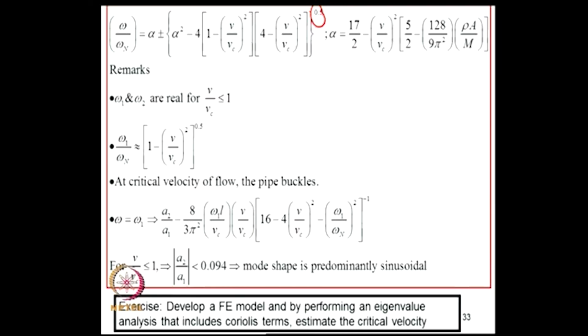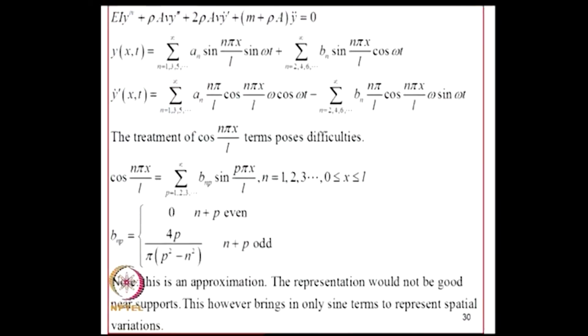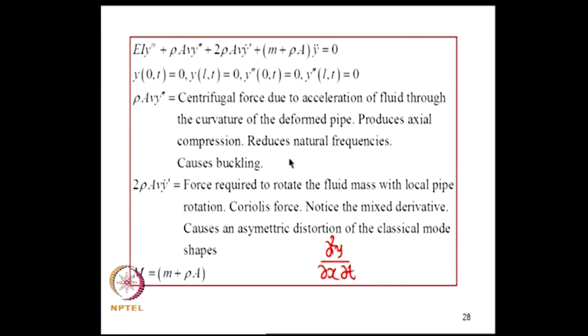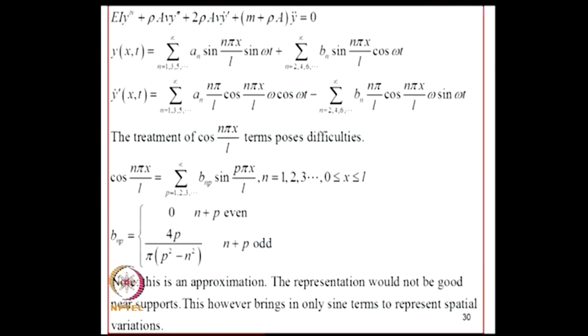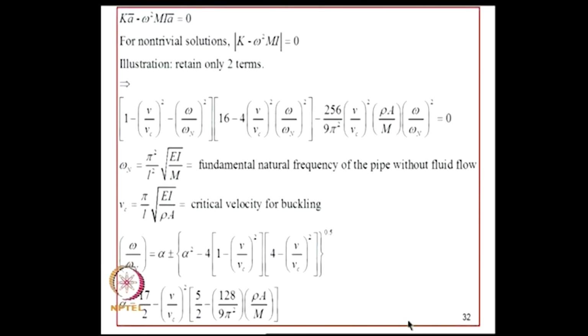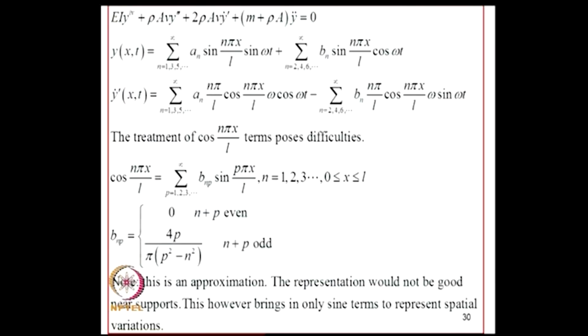Now, I would like to set an exercise. We will consider this problem, and starting with this equation, the problem is to develop a finite element model by performing an eigenvalue analysis that includes Coriolis terms, and estimate the critical velocity. That means we will not adopt this representation in solving the problem.